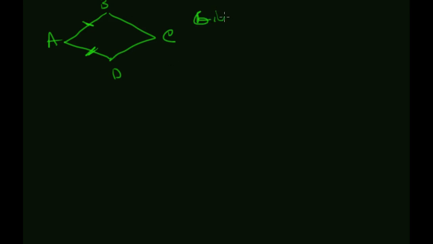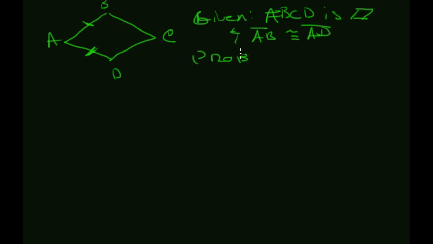So we're going to say given that ABCD is a parallelogram and AB is congruent to AD, then we want to prove that ABCD is a rhombus.